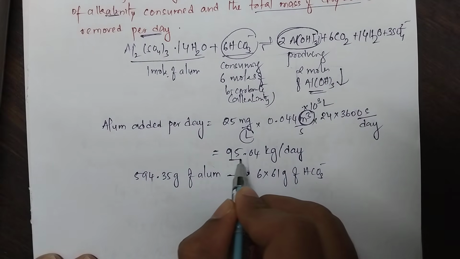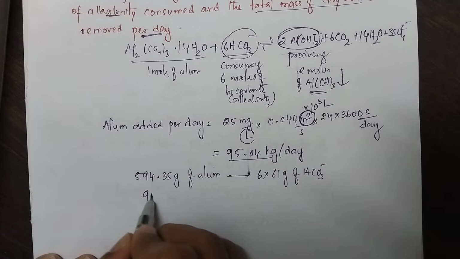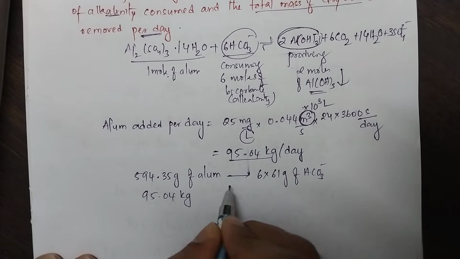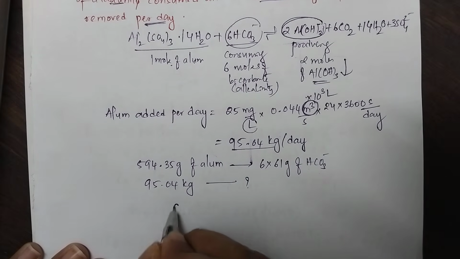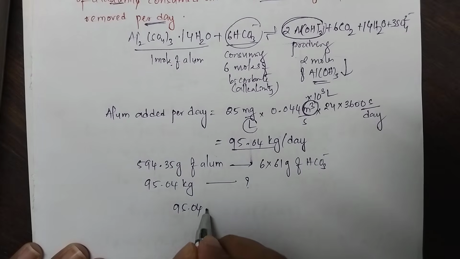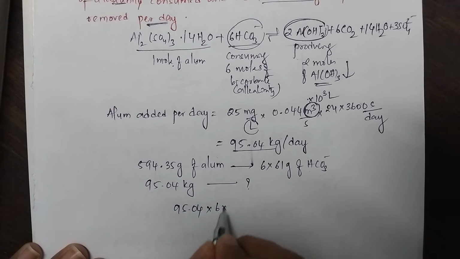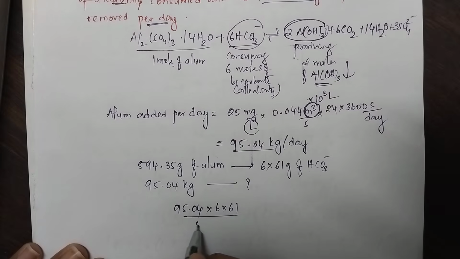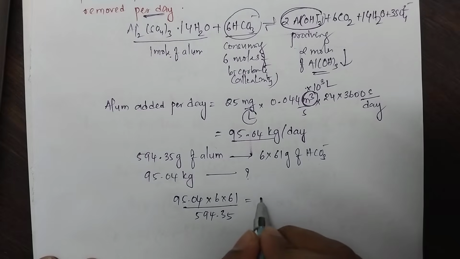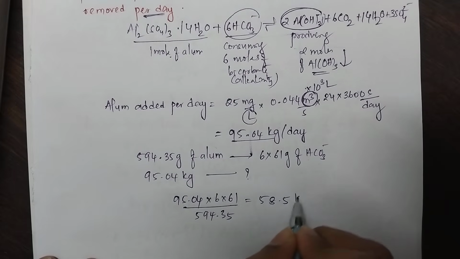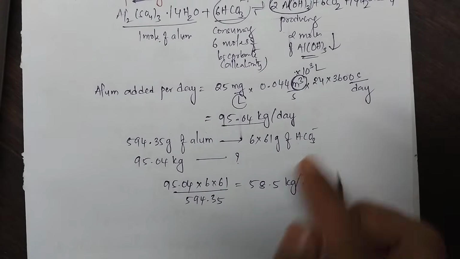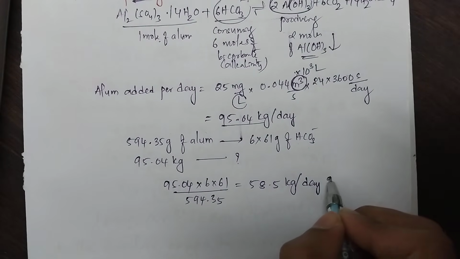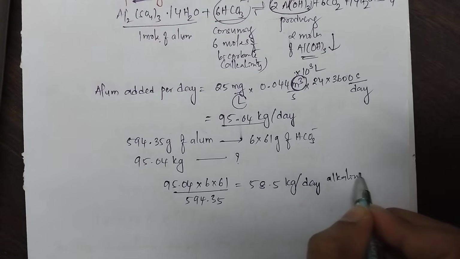Now since in a day we are sending 95.04 kg, how much alkalinity will be consumed? So it is 95.04 into 6 into 61 divided by 594.35. So this would be 58.5 kg per day. So this much alkalinity is being consumed.